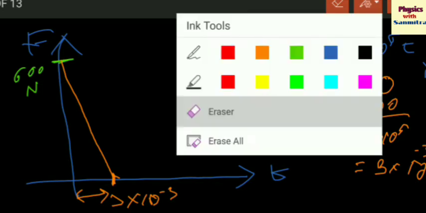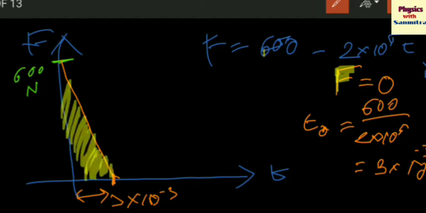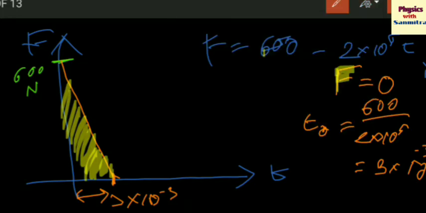Now, the average impulse we have to find, this is force into time, so we'll integrate it. Can you see one thing here? If I integrate this curve, that will give me the area of this curve.